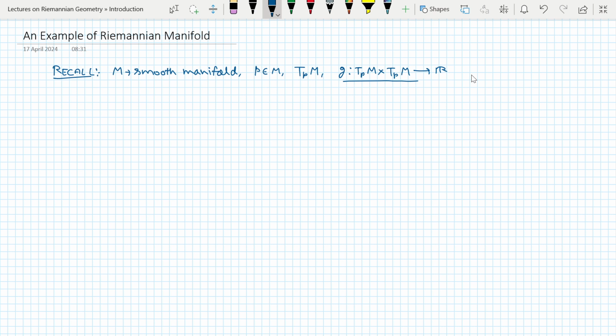So this is the first point to keep in mind, that the Riemannian metric is a family of inner products.